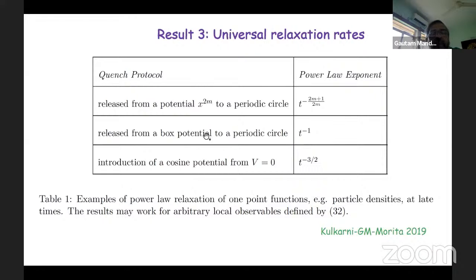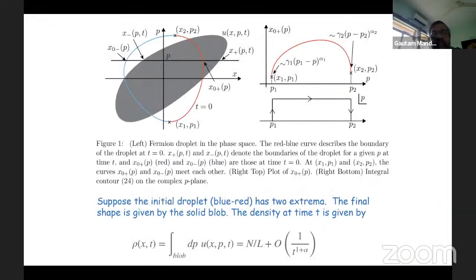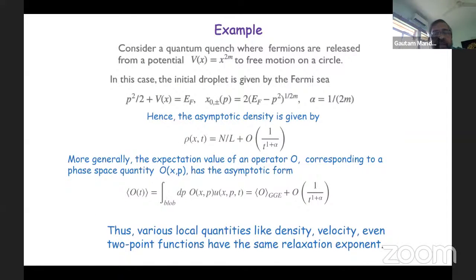If you go from a box potential to a periodic circle, so to a larger box, then it's 1 over t. And if you introduce a cosine potential, it's t to the power minus 3/2. This t to the minus 3/2 has been known for a long time, but our methods have provided a derivation of that. Much of this work is done with condensed matter people.